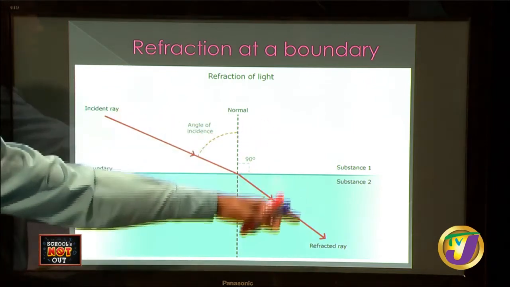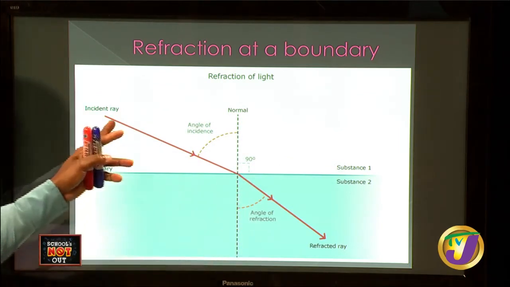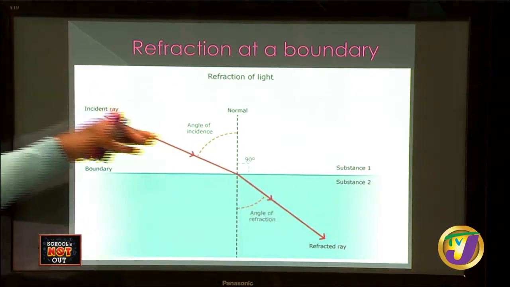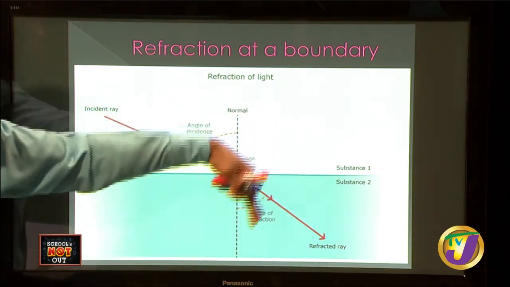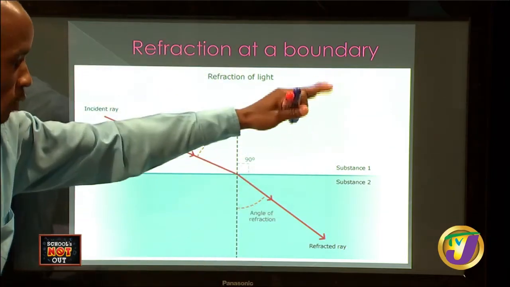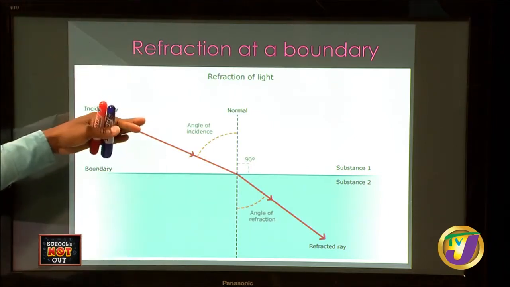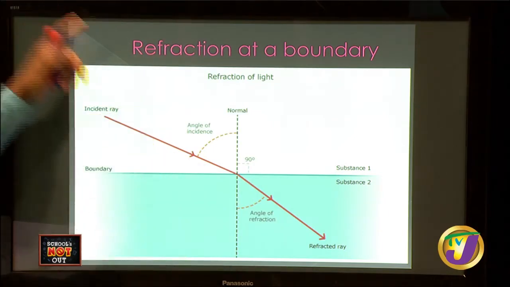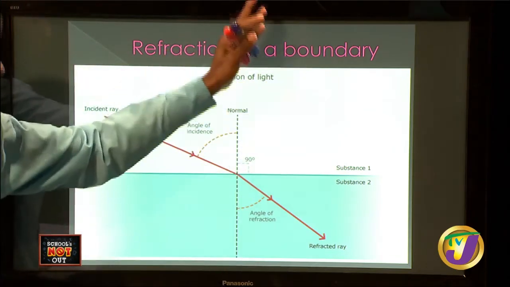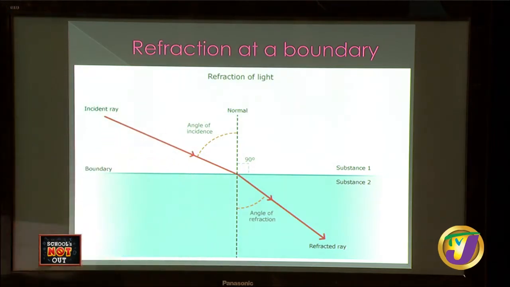Now, when these two substances are of different optical densities, the line that it was traveling along will no longer be maintained. This will now cause the ray to move away from it. It can move towards the normal or away. We'll look at that. But just know, once it is moving from one material to the next, and they have different densities, it will be bent towards or away from the normal. Once this bending takes place, you have refraction occurring.